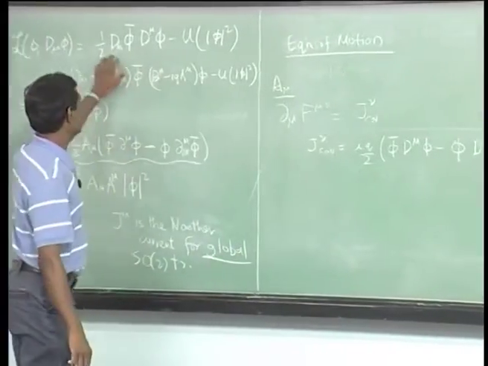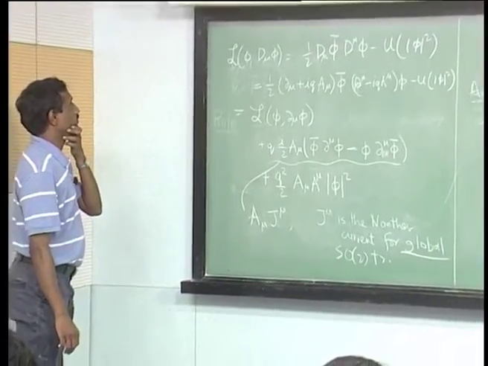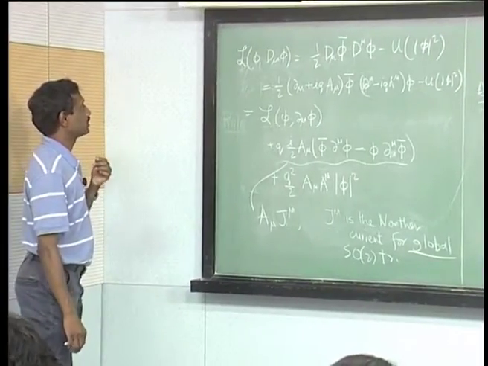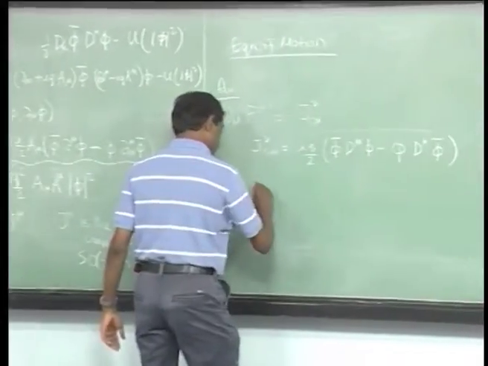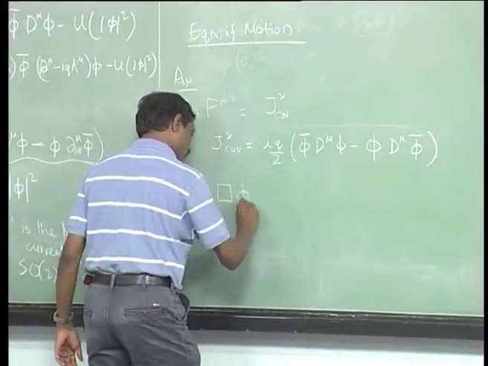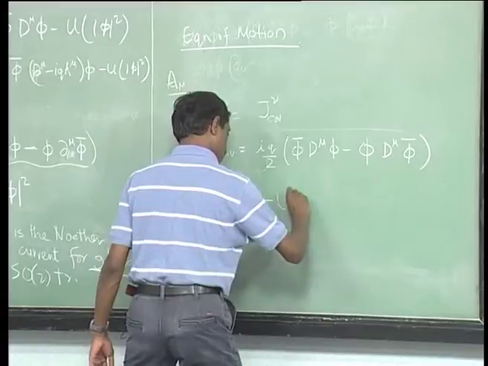So, let us write out the equation of motion. The equation of motion would be box of phi equal to minus U prime of phi.